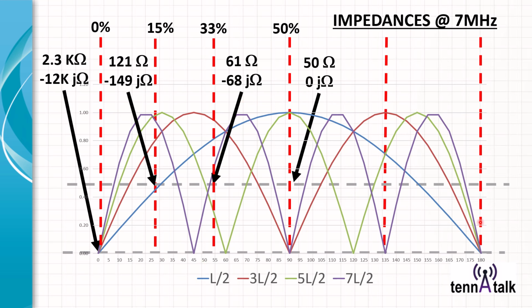And what a non-center fed dipole does is it looks for a trade-off. In this case, I'm looking at the 15% from the endpoint. Trade-off of the currents and impedances that I will see on different bands at that point.